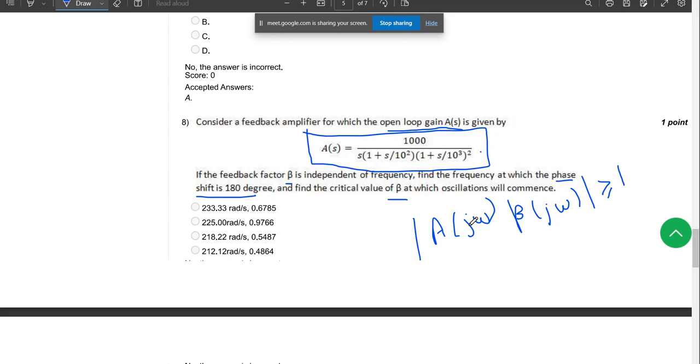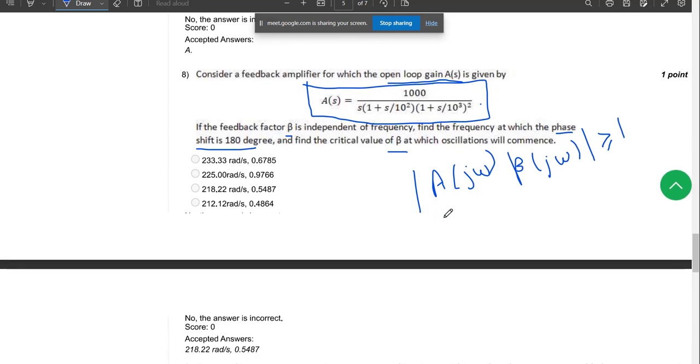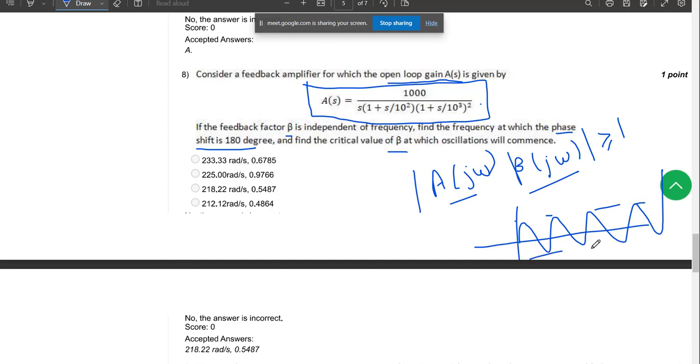If mod A into beta is equal to 1, then the amplitude won't be increasing throughout the time, but it will have oscillation something like this, right?